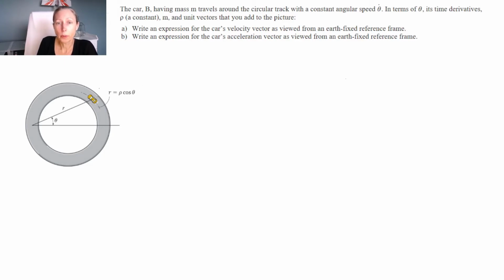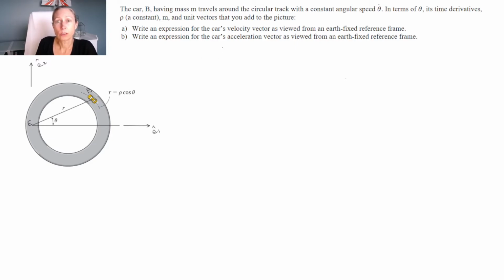So let me put back, so here's our point B, and here's point E, and I'm going to add my Earth fixed unit vectors. I'm going to go ahead and call these E1 and E2. You can call them whatever you like. All right.